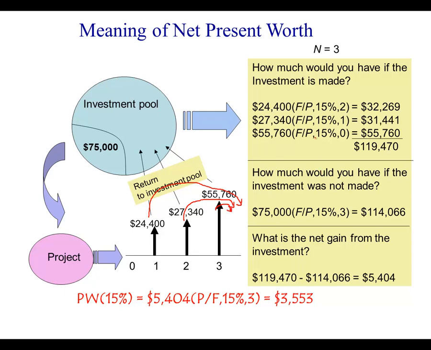Finding the future value for each one of these values, since I'm moving everything to year 3, it will be 0 for the 55,760, 1 for the 27,340, and 2 for the 24,400.